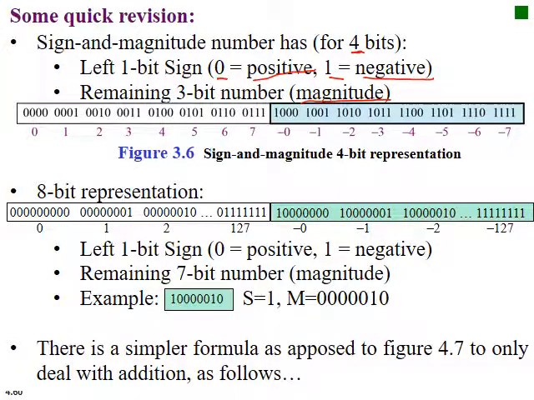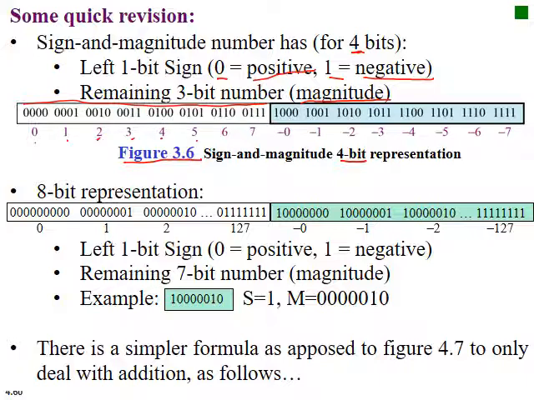Alright, so in the simple example here, I took figure 3.6 again just for some revision, which again is a 4-bit representation, and therefore you can see each of the first bits. So for this first part of this matrix, everything starts with a 0, which indicates that these are all positive numbers.